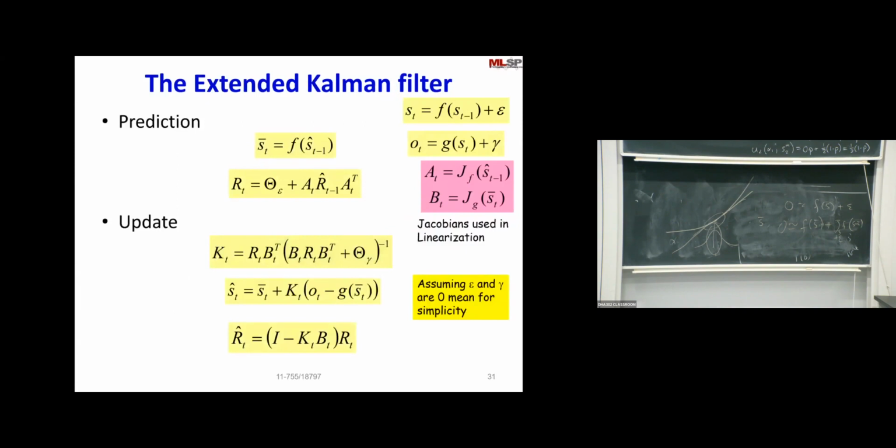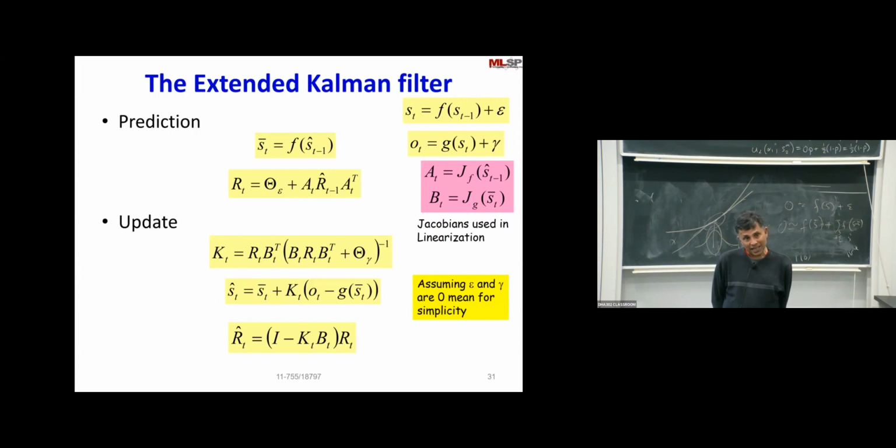So the extended Kalman filter is basically just a Kalman filter where the functions f and g are no longer linear. And since the functions f and g are no longer linear, we're going to linearize them. But where do we linearize them? Remember, in a Kalman filter, we make two kinds of predictions. What are the predictions we're making?